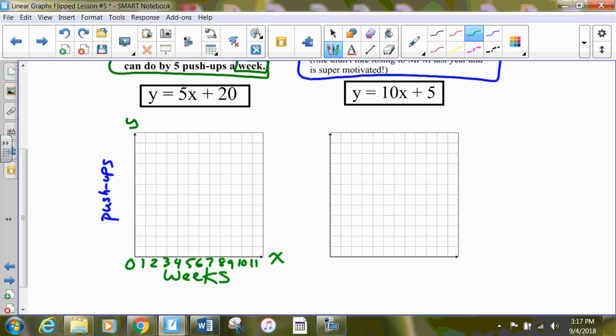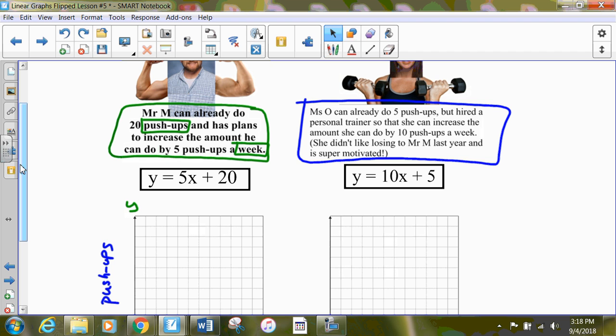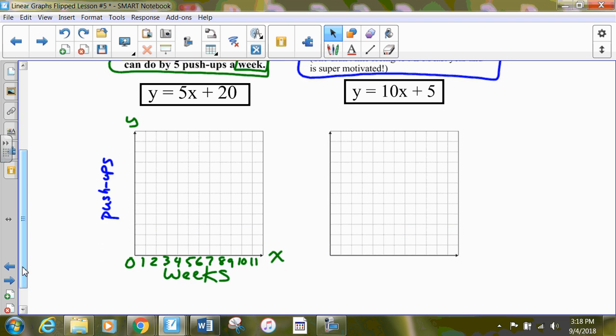So we'll stop there. And with push-ups, though, we've got to look at the push-ups and we say, Mr. Matcher can already do 20 push-ups. So I can't take my y-axis and start labeling it 1, 2, 3, right? That's not going to make sense. I'm not going to have room to reach 20, and I'm not going to have room for him to even increase past 20.